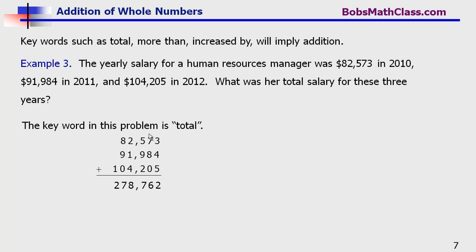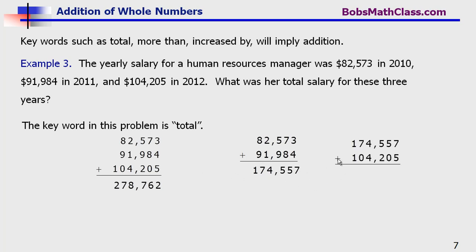Sometimes having to add all those up, 3 numbers at a time, 3, what are they called? Addends. You have 3 addends here. Sometimes you could have 4 or 5. Sometimes it gets to be a little bit much, so what you can do is you could just add 2 of the years at a time, get that answer, and then add that answer to the 3rd year, and that would be our total, 278,762.